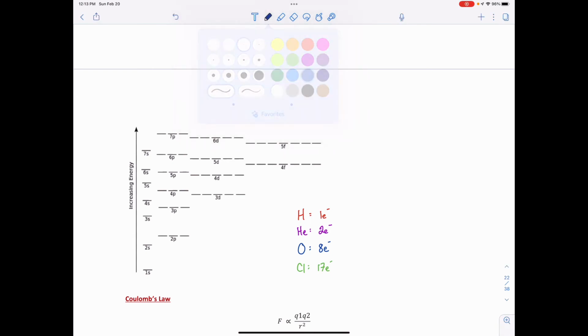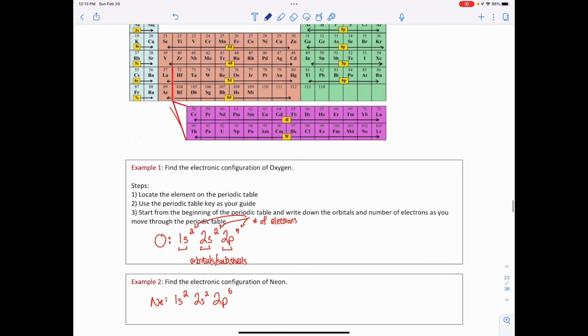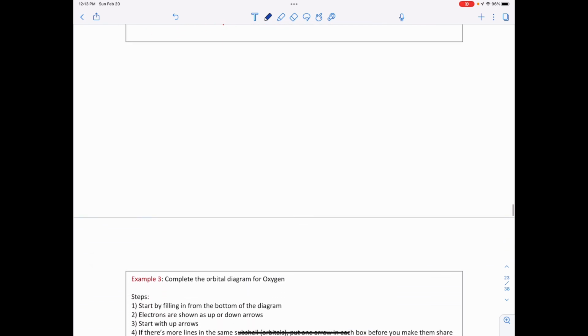Oxygen had 8 electrons: 1, 2, 3, 4, 5, 6, 7, 8. This is the 1s with 2 electrons, then 2s with 2 electrons, and then 2p with 4 electrons, which matches the first example we did. So instead of using a diagram, we can use the periodic table to help us figure things out.